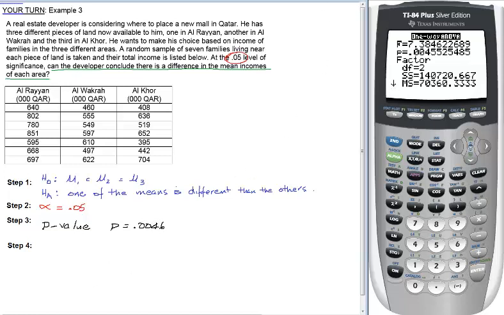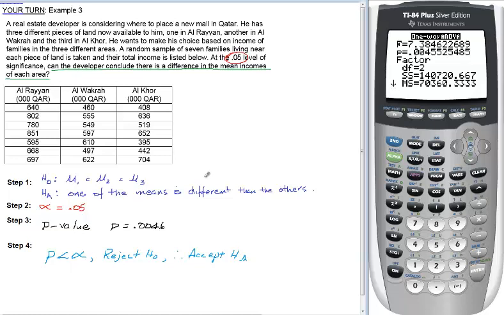Now what do the rules about the p-value test say? We're going to get the same conclusion. It says if p is less than alpha, then we reject the null hypothesis and therefore accept the alternate hypothesis. Now, is p less than alpha? If it's greater, of course, we do not reject.